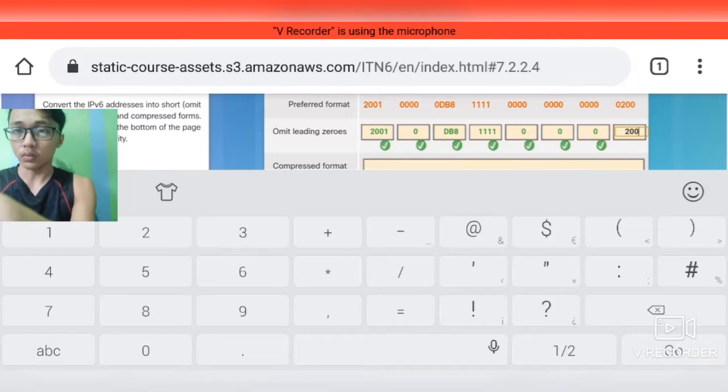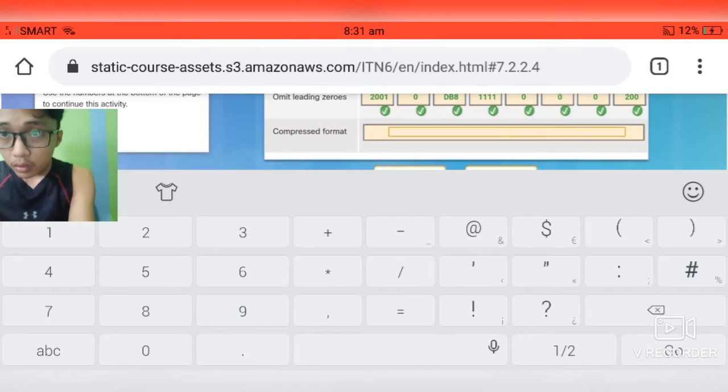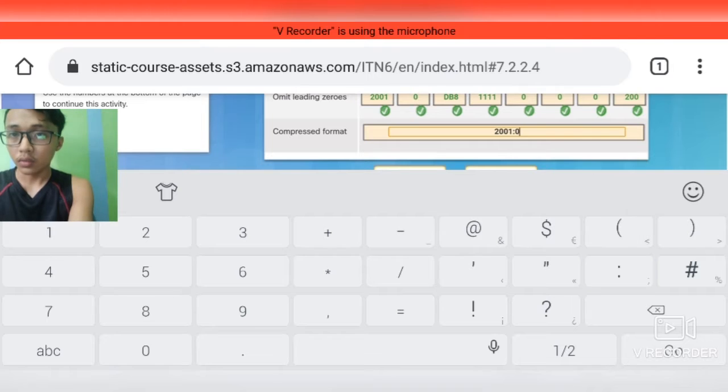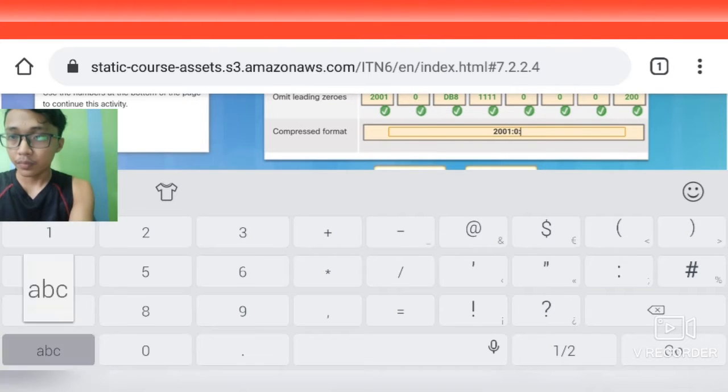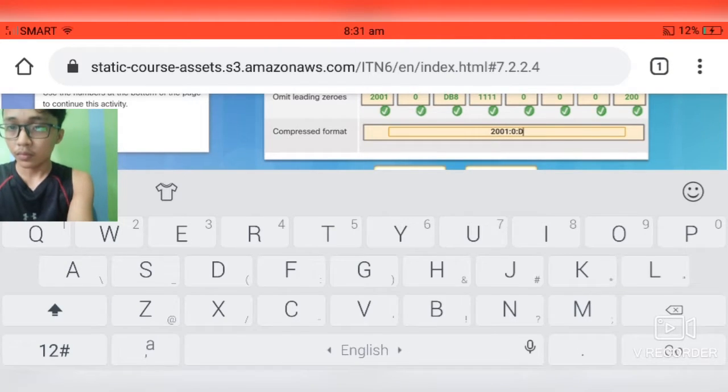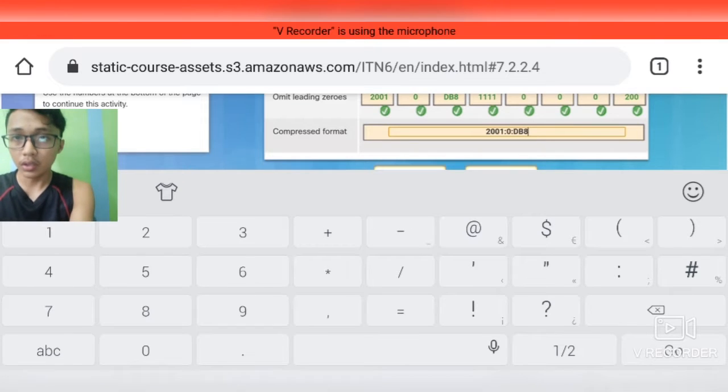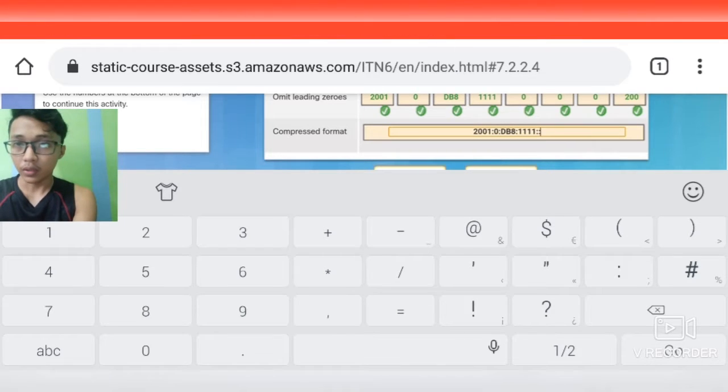So we have here the compressed format, which is 2001:0DB8:111::200.